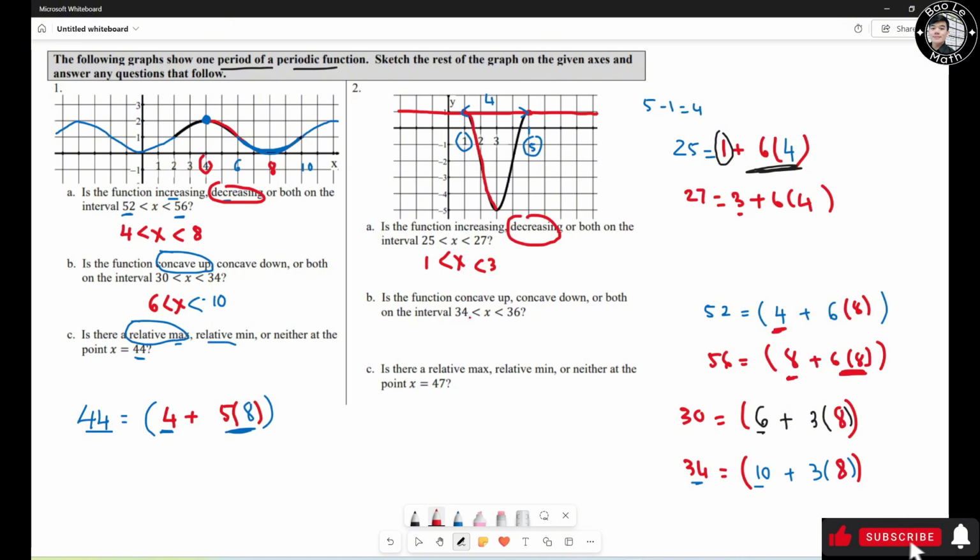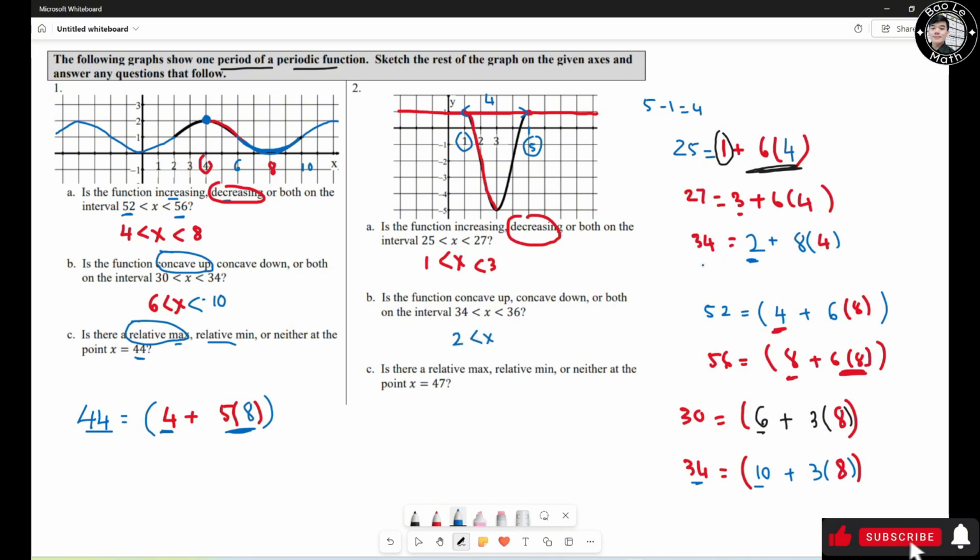Now next one, 34. You need to write 34 in terms of 4, right? So how many times does 4 go into 34? It's going to be 8 times, 8 times 4, and the remainder is 2, right? So 34 is the same thing as 2. So I just write 2 over here, less than x.